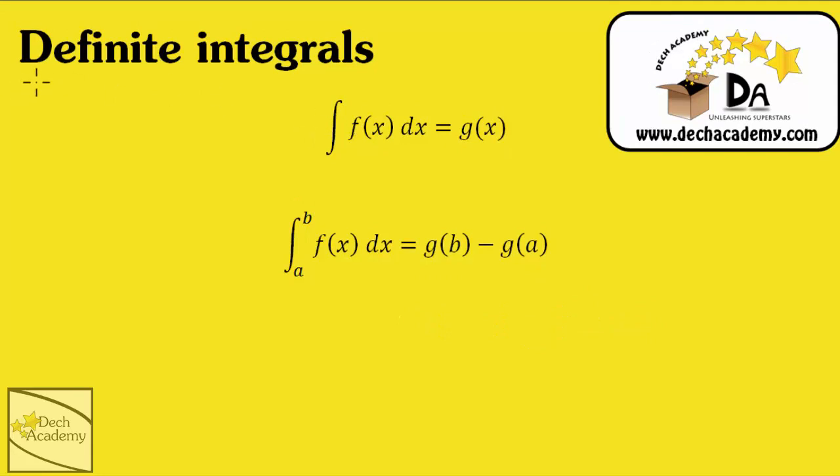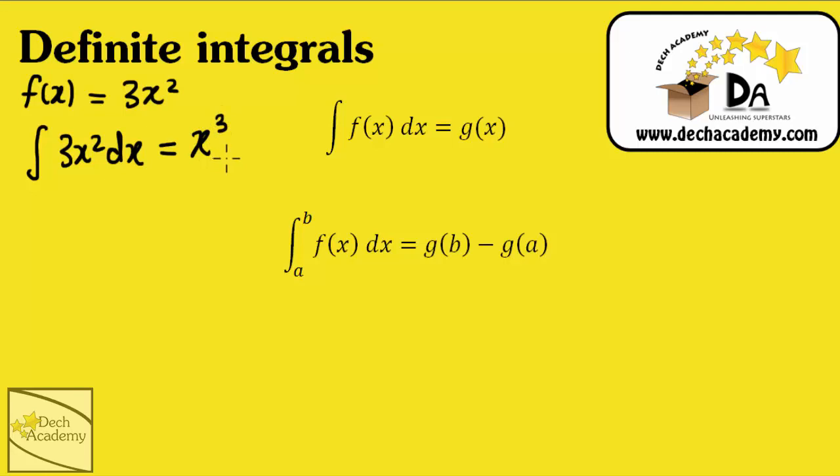So let's assume that f of x is 3x squared. You need to make this an integrand, so integrate this integrand. So I'm integrating f of x, 3x squared, with respect to x. What do I get? I get x cubed plus an arbitrary constant, c.